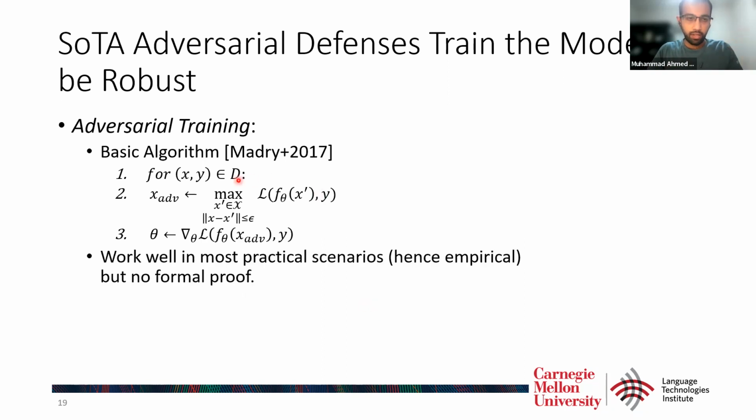The algorithm is roughly this. For every example in the dataset, we compute an adversarially perturbed version using the same method that I just described, projected gradient descent, and then we train the model on this adversarially perturbed data instead of the clean data. And you're essentially teaching the model to be robust to adversarial attacks.